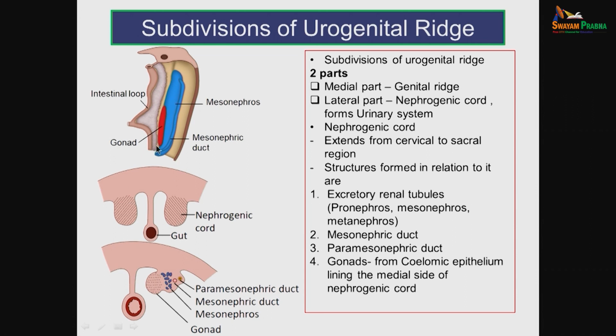Medially are the gonads, more lateral to it are the pro-, meso- and metanephros, where excretory tubules will form. Still more lateral is the mesonephric duct, and more lateral still is the paramesonephric duct, which is not represented in this picture. So, we are focusing on the nephrogenic cord in relation to the development of the urinary system.